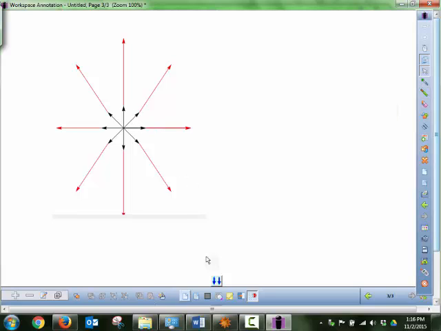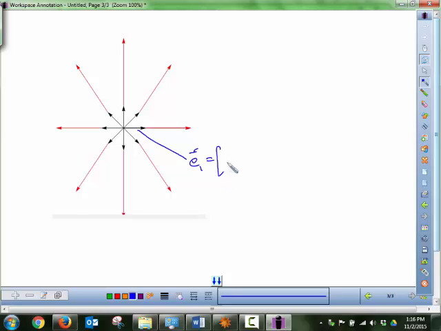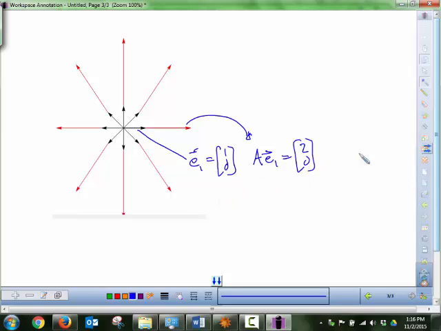So let's see. This is our first vector, E1, 1, 0, and this is your A times E1, which is 2, 0. And you can see that that's collinear, it's parallel, and then the value that you get is your eigenvalue.